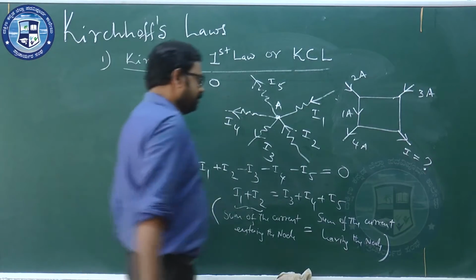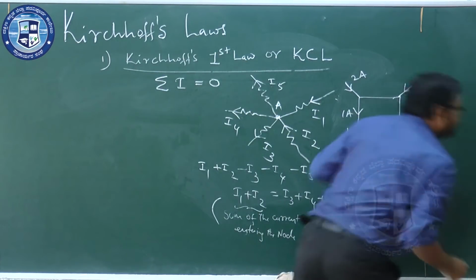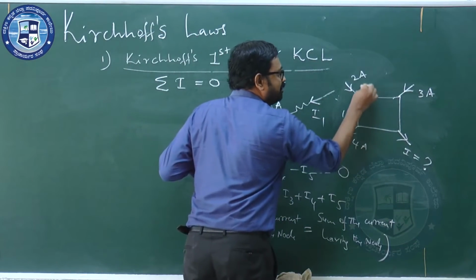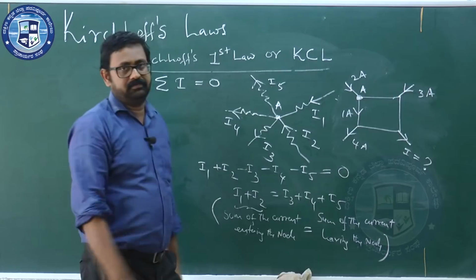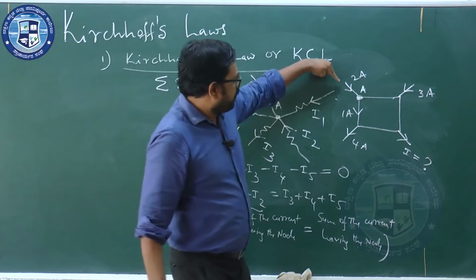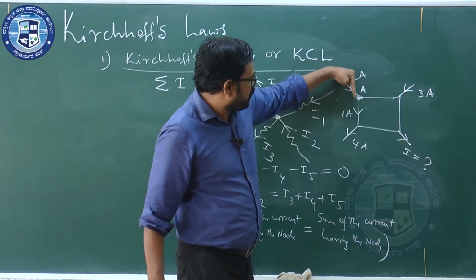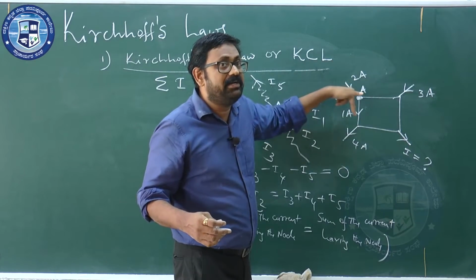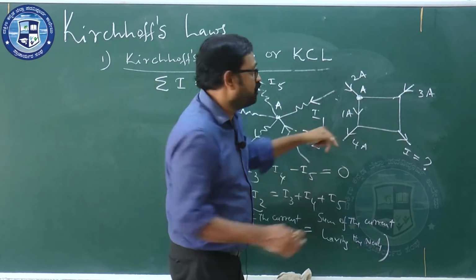So what I did is I applied KCL. I'll start with this node A. According to the diagram, 2 ampere is entering, 1 ampere leaving means KCL is not valid. Sum of the current entering the node should be equal to sum of the current leaving the node.